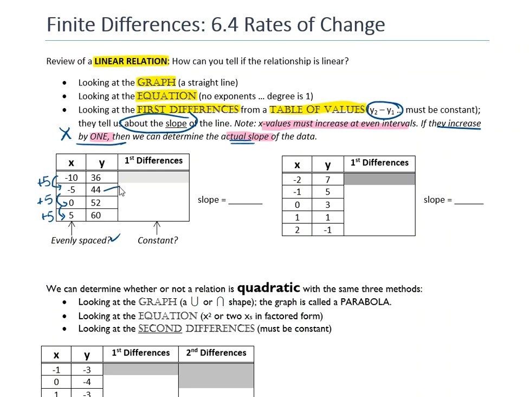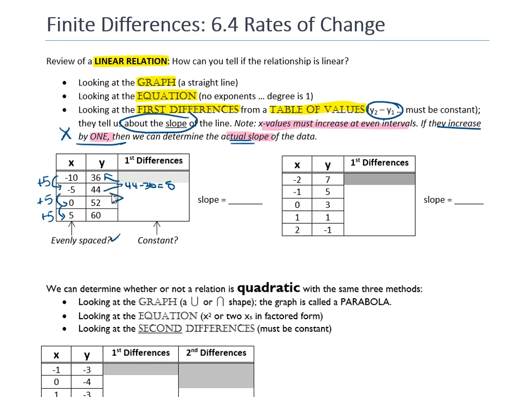This is my second y value, and I want to subtract from it the one above it. 44 minus 36. You'll notice a little grayed out section there. That's just because I don't want to line them up perfectly. I'm going in between two numbers, so I want to write in between the two numbers. 44 minus 36 is 8.